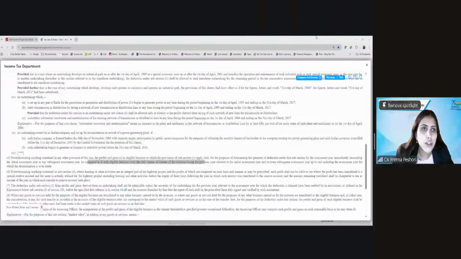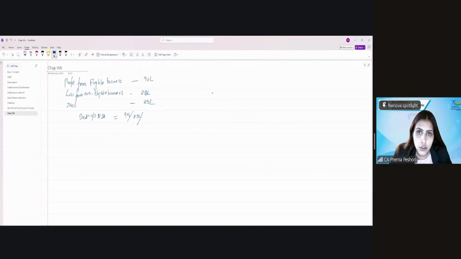Should we claim set off of loss first, or ATIA? This is our concern. This is our problem. What should we do first? If you go as per the order of sections, section 70 comes first. If you go as per the ATIA, it says that it has to be considered as the only income. So what should I do first?